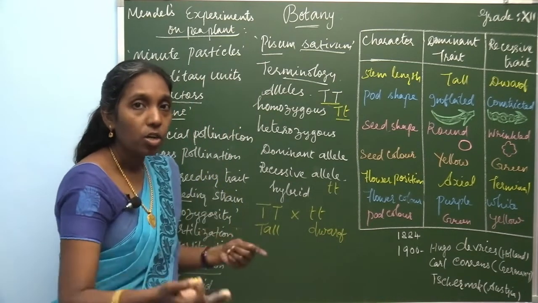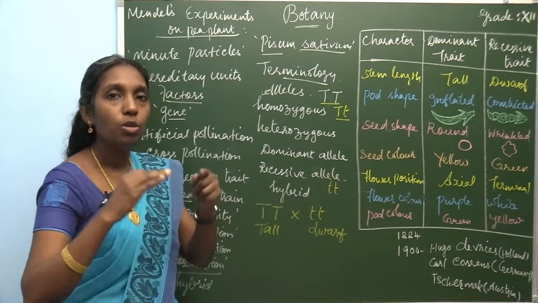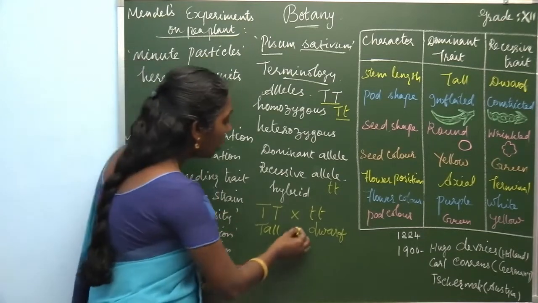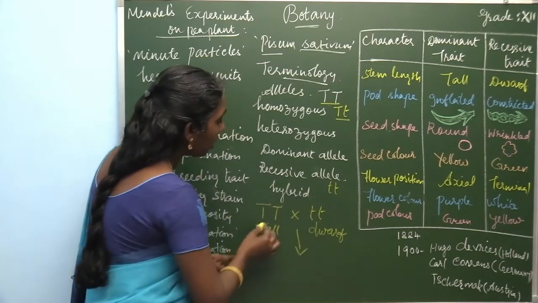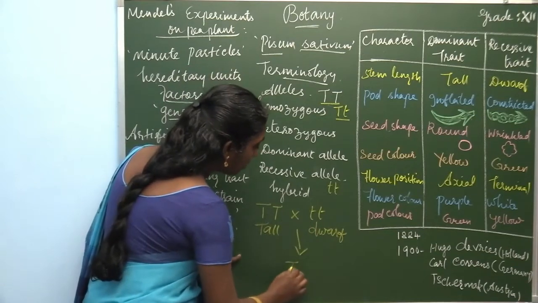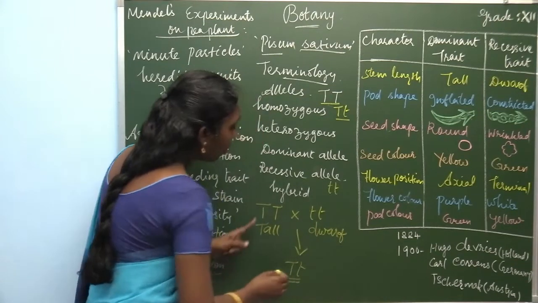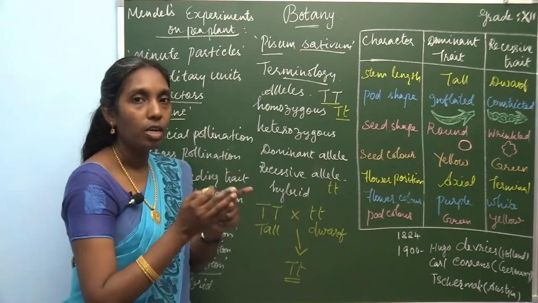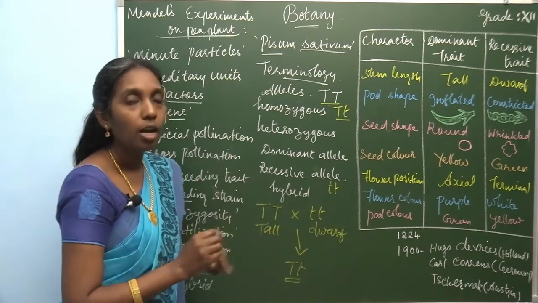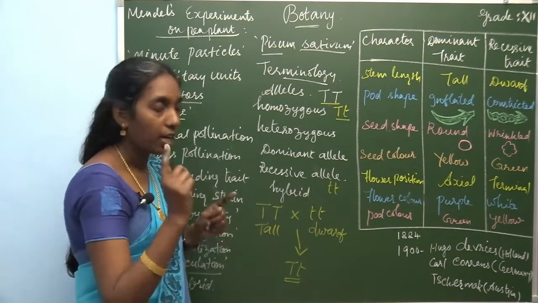When you make a cross between two contrasting characters, in the F1 generation it produces capital T, small t. Now both characters are present together, but one will be expressed in the F1 generation.